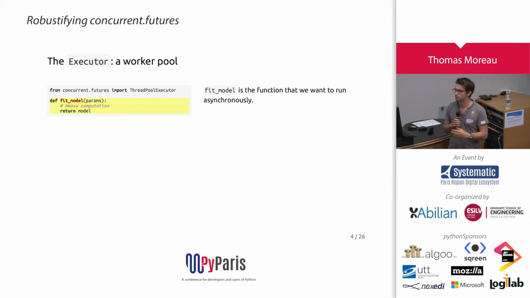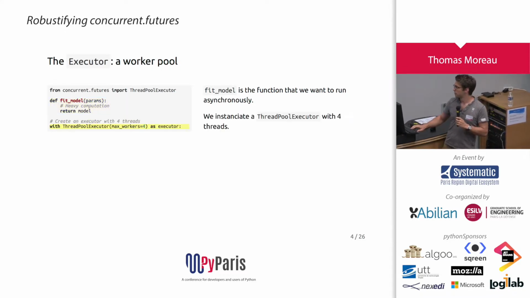What you would do with concurrent.futures is use an executor object, which will abstract the pool of workers. Here I am instantiating an executor using thread workers. I will get back a bit later to whether we should choose threads or processes. The API is exactly the same using concurrent.futures if you want to use threads or processes.